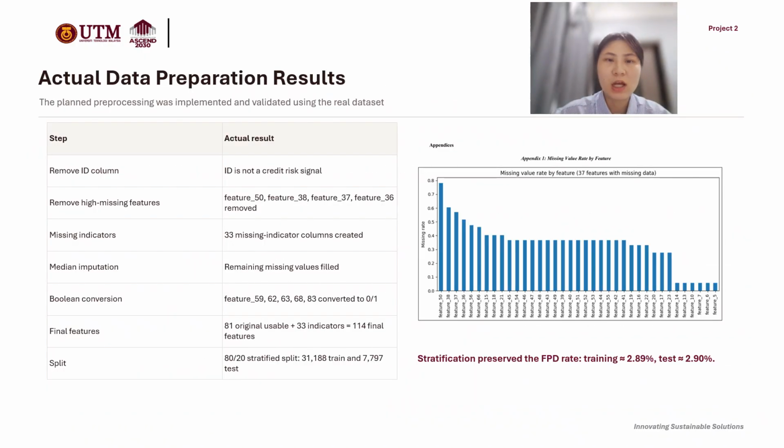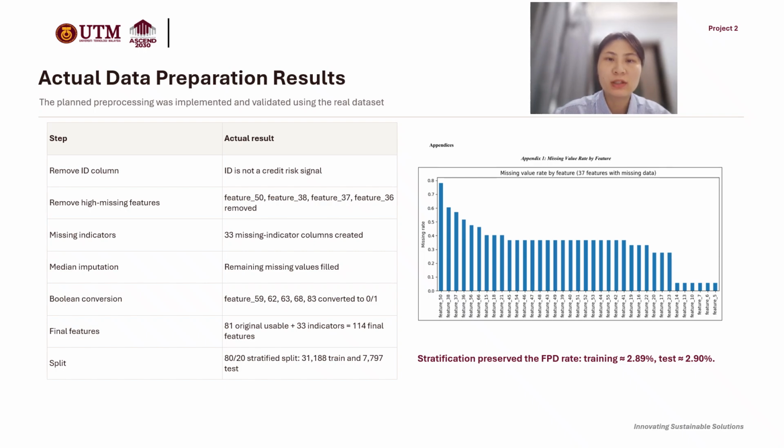And this slide shows the preprocessing results. First, the ID column was removed because it is not a credit risk signal. Second, high-missing features were removed, and some features still had missing values. Missing indicator columns were created, and median imputation was applied. Five Boolean features were converted into 0 and 1 format.